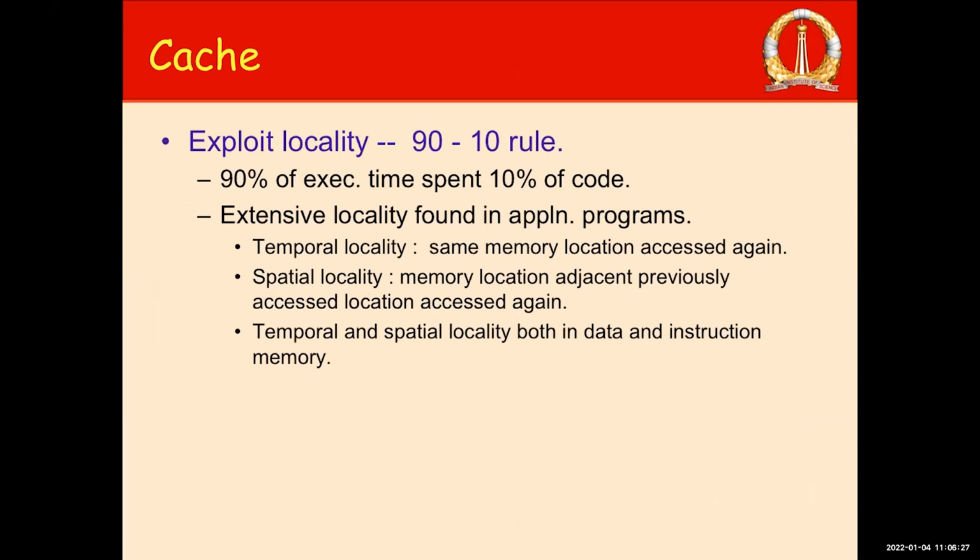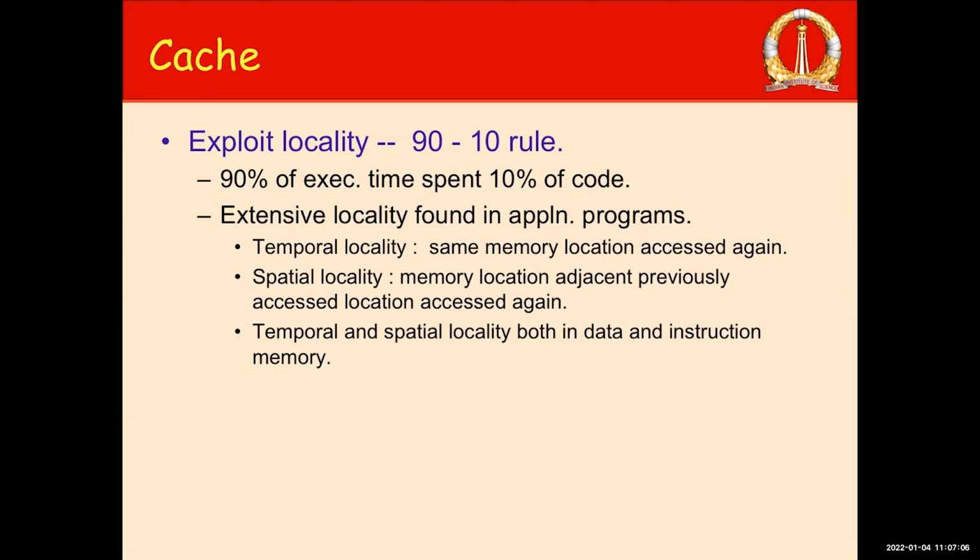And as you all know, caches exploit the principle of locality. And locality essentially follows from the 90-10 rule, which says that 90% of the execution time is spent in 10% of the code. When we talk about locality in caches, we talk about temporal locality, which essentially means the location which was accessed in the past is again accessed in the future. Whereas spatial locality refers to the fact that nearby locations to the one accessed in the past would be accessed in the future.